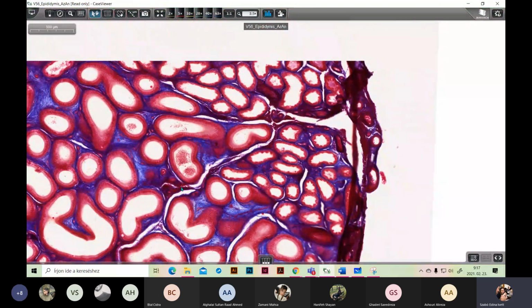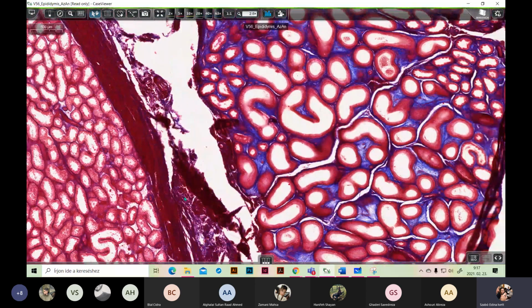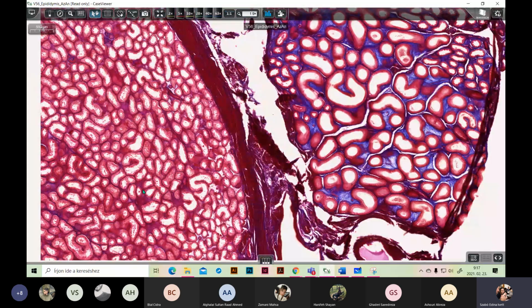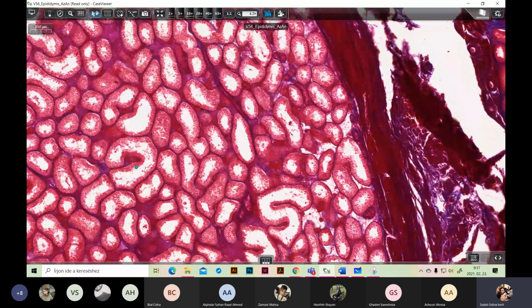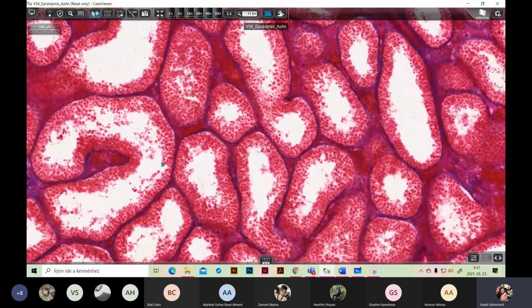Okay, these ducts are the same what we see previously. And in case of the other part of slide, you can see a small part of testis. If I'm going closer, you can see the tubules of testis, and these tubules are lined by a special stratified epithelia.